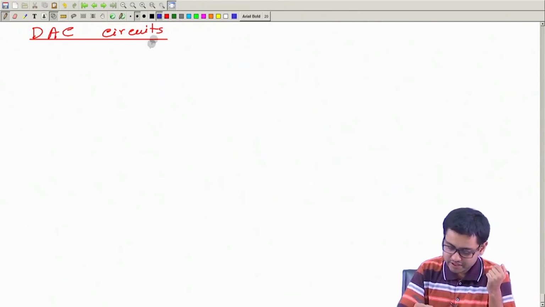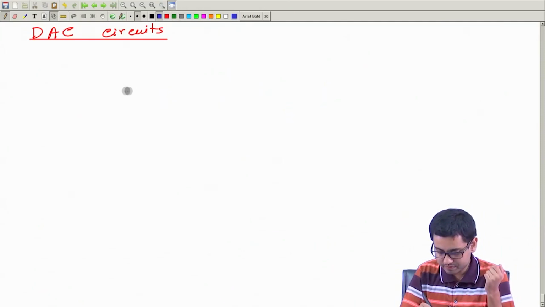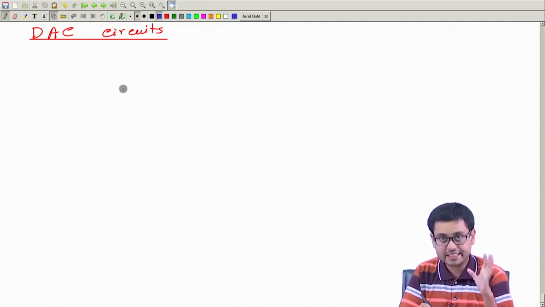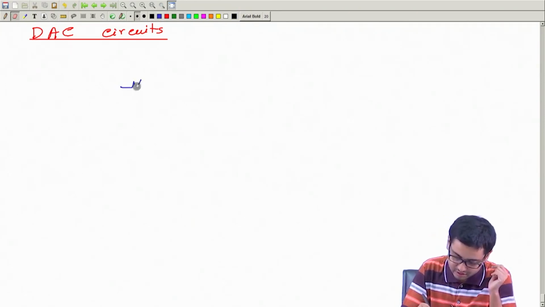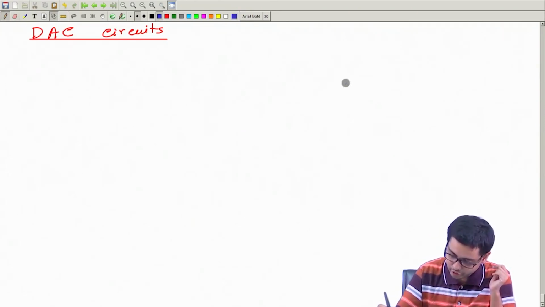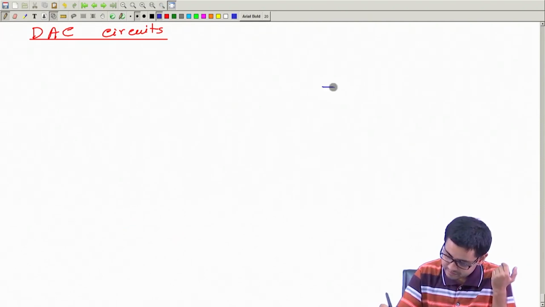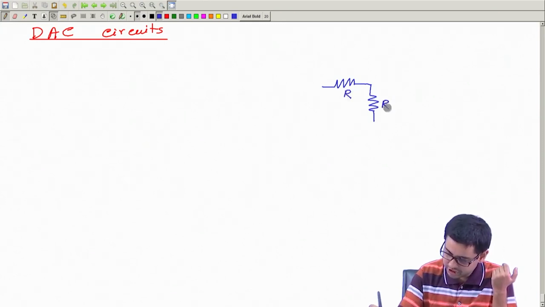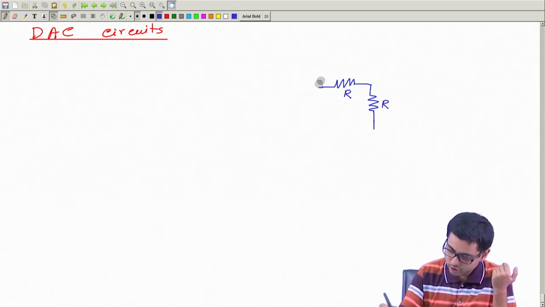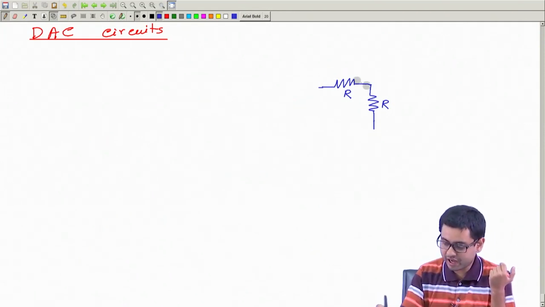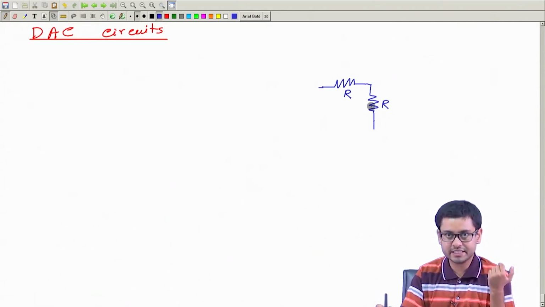Okay. Say we have a set of resistances which are connected like this. I will start my drawing from the right side. Call this R, this is also R. And so these two together are in series 2R.